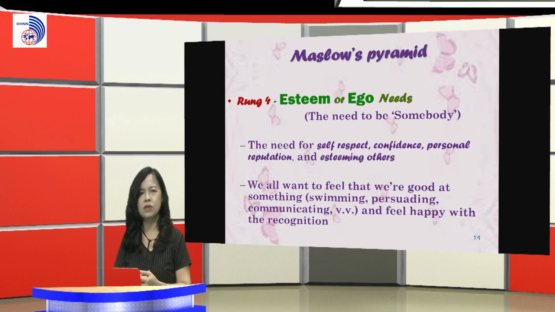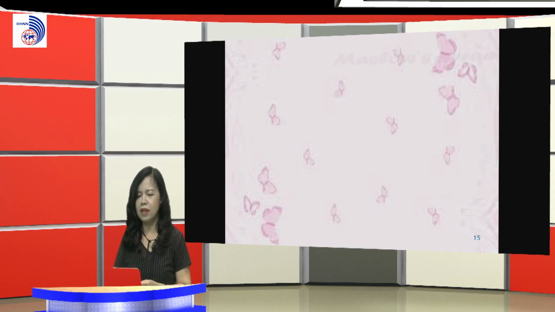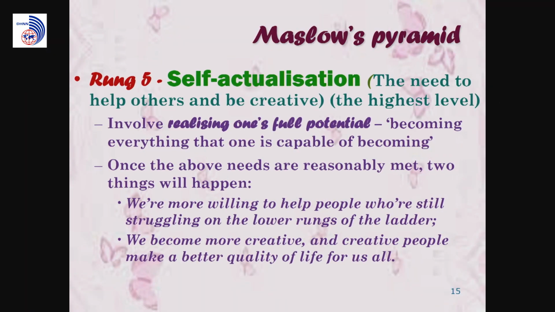You belong to someone. That is in rung number 3. It goes to rung number 4 because you really want to be someone. That is the real need, the need to be someone. And when all of these needs have been well met, people think about how to help others. They think about the need to actualize their own potential, to be able to do what they want to do, to be creative, to help others.